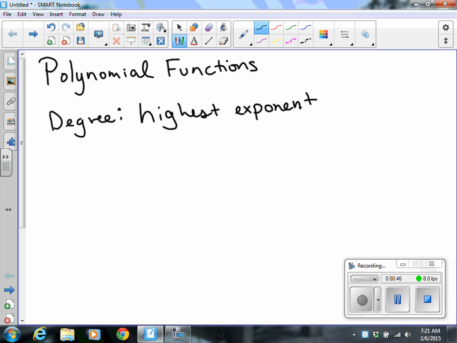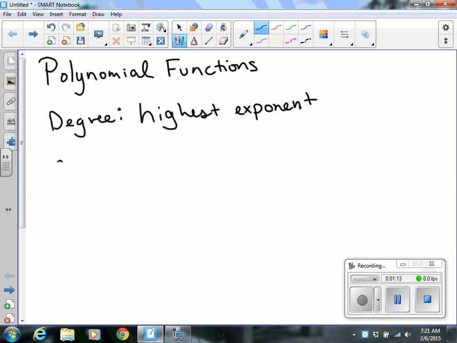Now, there's something to be said with our highest exponent. If our expression is in one variable, also known as we only have one variable, so if it's just an x, then I know that my highest degree is my exponent. If I have a two variable expression, I have to combine and add my two exponents to get the highest degree.